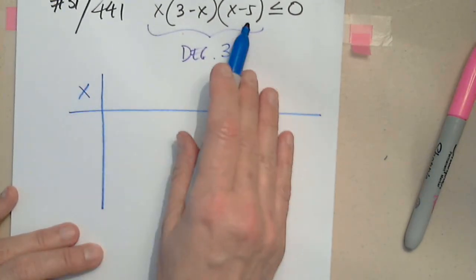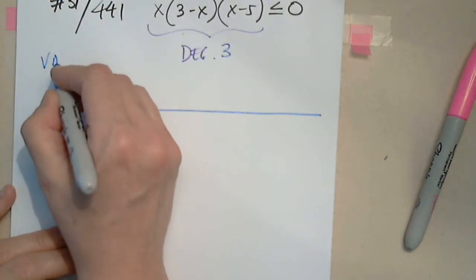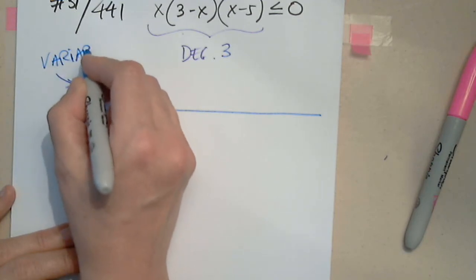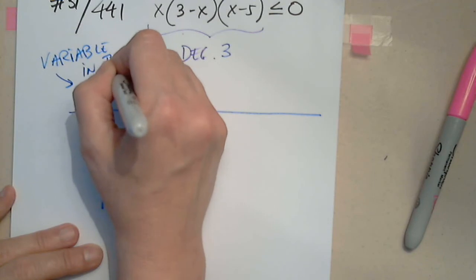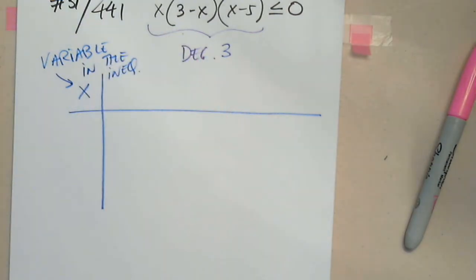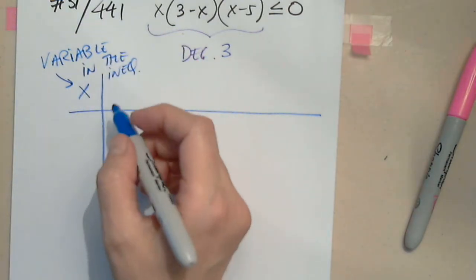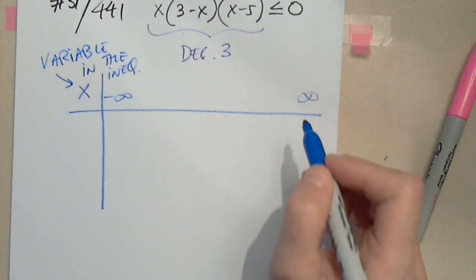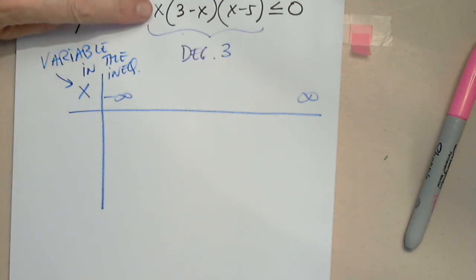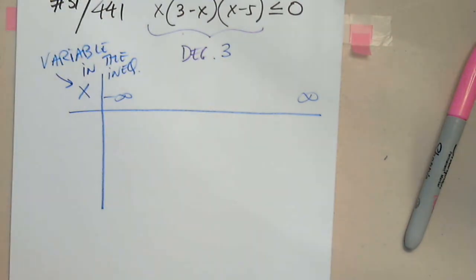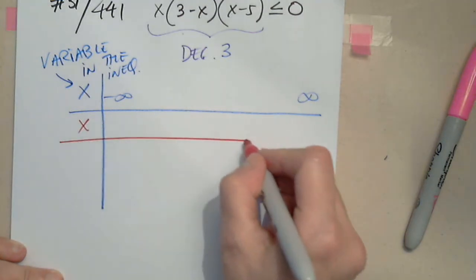X is the variable in the problem, the variable in the inequality. It can be any real number. The next row, I will put the first factor I see, x.